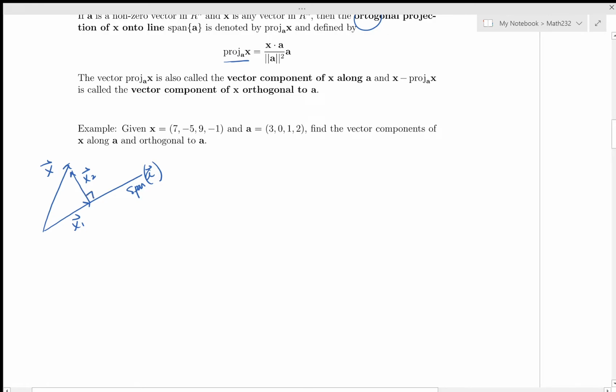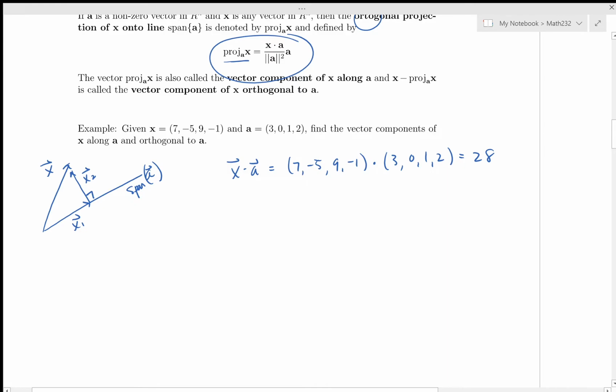Okay, so the first thing we're going to do is take x dot A. So we're making this calculation right here. That is (7, -5, 9, -1) dot (3, 0, 1, 2), and that comes out to 28.